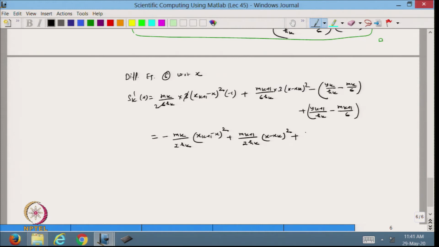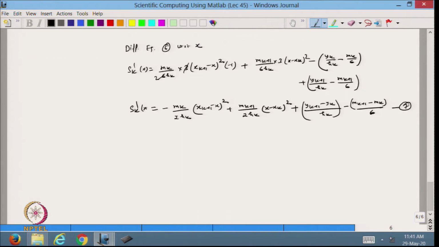So from here I can write this as yk plus 1 minus yk by hk. So I can take this term common, and then this minus and this plus. So from here I can write minus mk plus 1 minus mk by 6. So this is my sk dash. So I call it equation number 7. So this is a function of x.